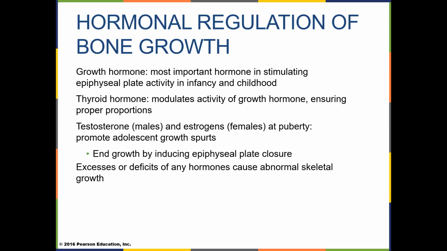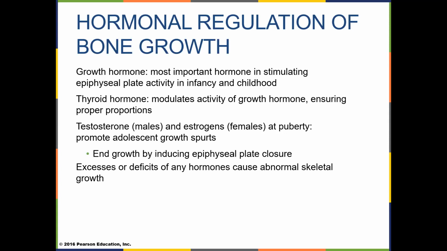But the high levels of estrogen being produced every month by the female, particularly from the ovaries after they've developed, will cause the epiphyseal plates to close quicker than in the male. Testosterone has a slower response time. Testosterone will stimulate growth spurts, but they don't occur on the same schedule that they do in the female. The male will have his growth spurt a few years following onset of puberty in the female.